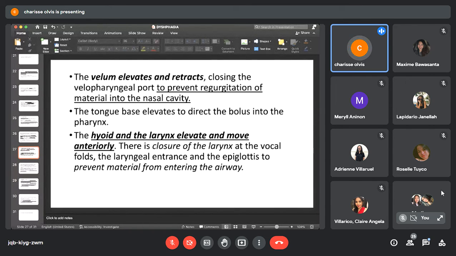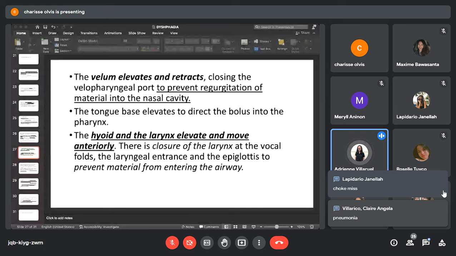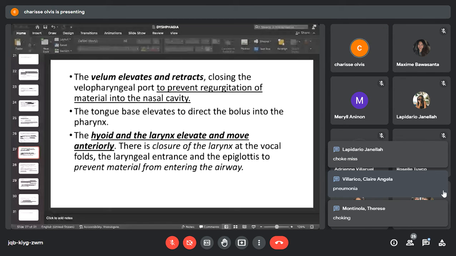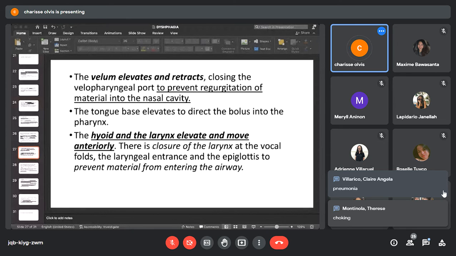Why? Because what if the food enters our airway? What will happen? Aspiration pneumonia. Very good.